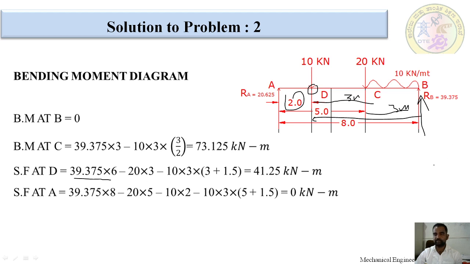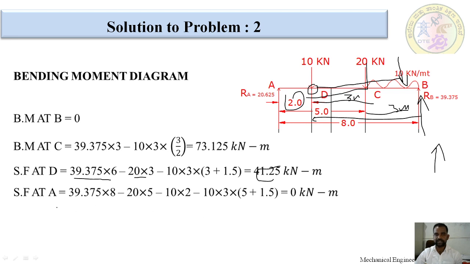Because in bending moment calculation, from right to the section, upward force is taken as positive and downward force is taken as negative. Minus, this would be 20 into this distance, 20 into 3. After that negative, this is also negative, 10 into 3, because it is having 3 meter. We have converted into a point load. From here to this distance, 1.5 plus 3. After calculating this, we get 41.25 kilonewton meter.